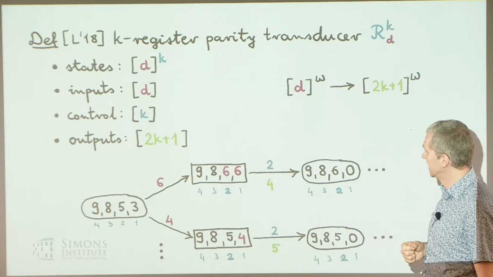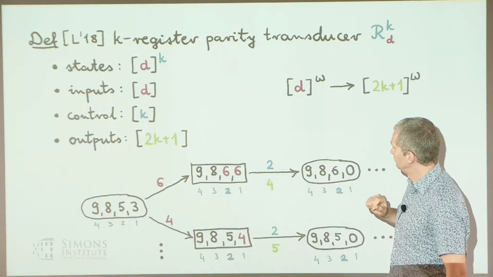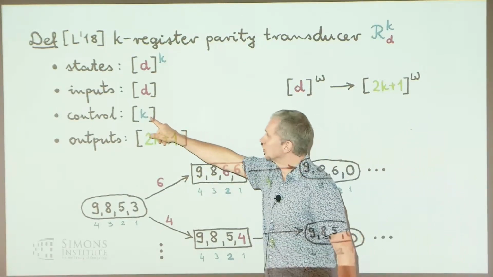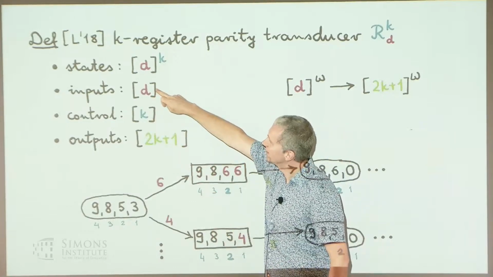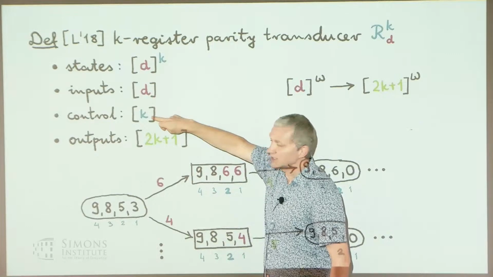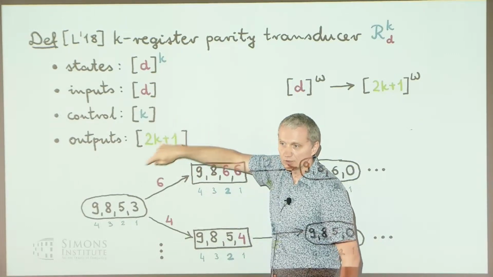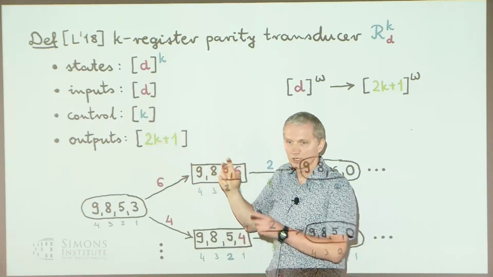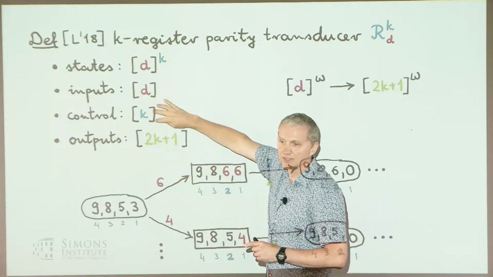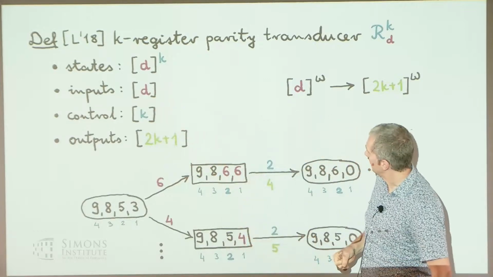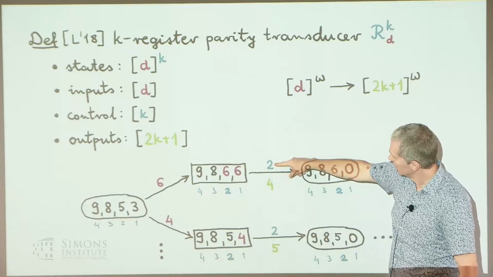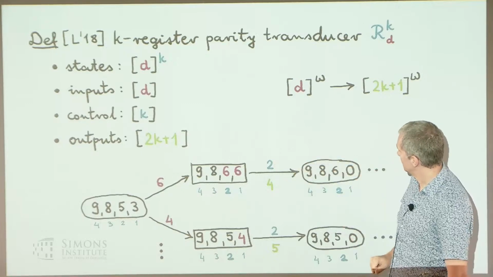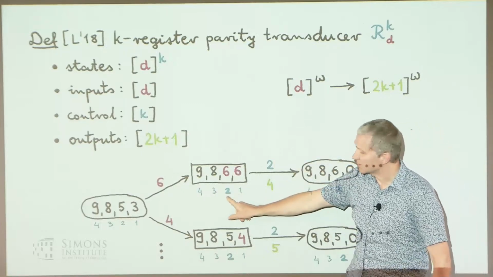Then there is another step, and that's what I call control. You could see the input of such a transducer as pairs: a number between 1 and d, and a number between 1 and k, a register number. But the way we use it is that the priority is really the input, and the register number is kind of control. Once we get that control, say number 2, it looks at the second register.